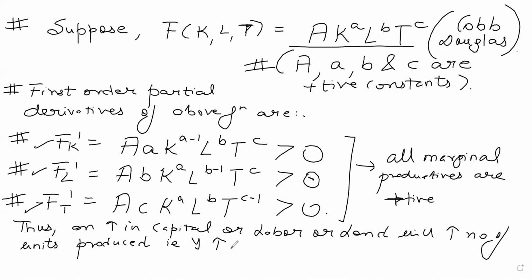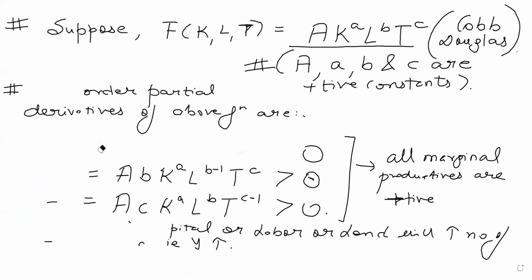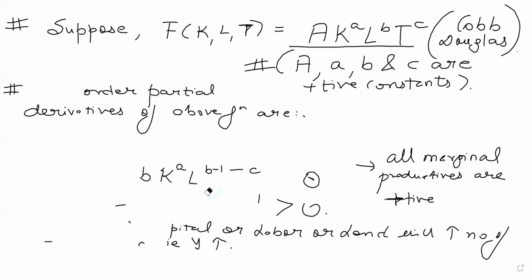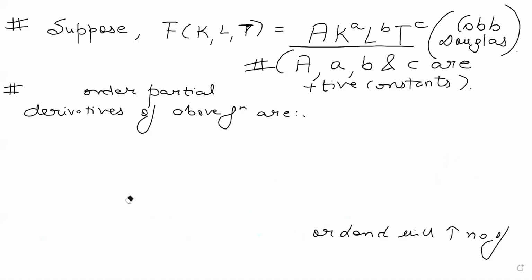And now we can also work out the second order partial derivatives. So if I erase this off and work out the second order partial derivatives, let's see what we get and how we interpret them.